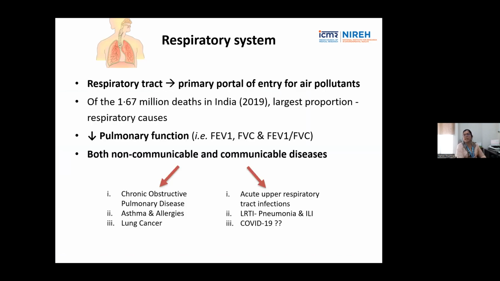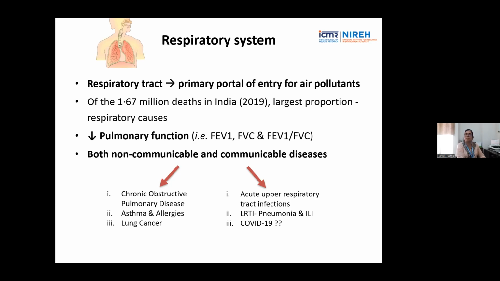If we talk about India, in 2019, almost 1.67 million deaths were reported due to air pollution. And of that, the largest proportion was from respiratory causes. And as I have told before, the effect can occur at a subclinical level. There have been multiple studies which look at the effect of exposure to different types of air pollution on pulmonary function.